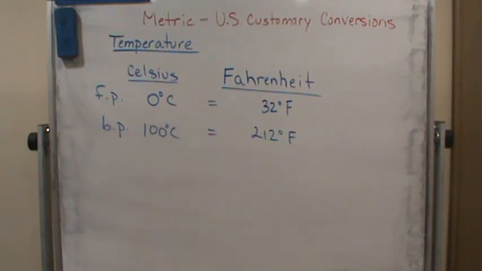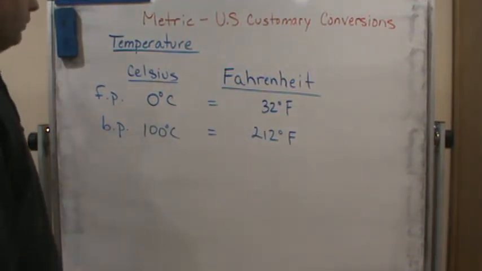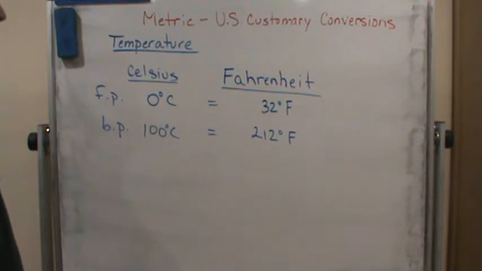Okay, so let's do an example. It says convert 50 degrees Fahrenheit to Celsius. Hold on a second here.